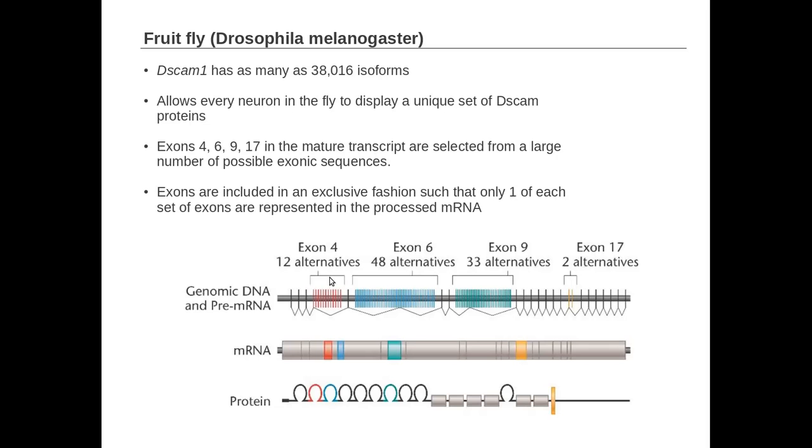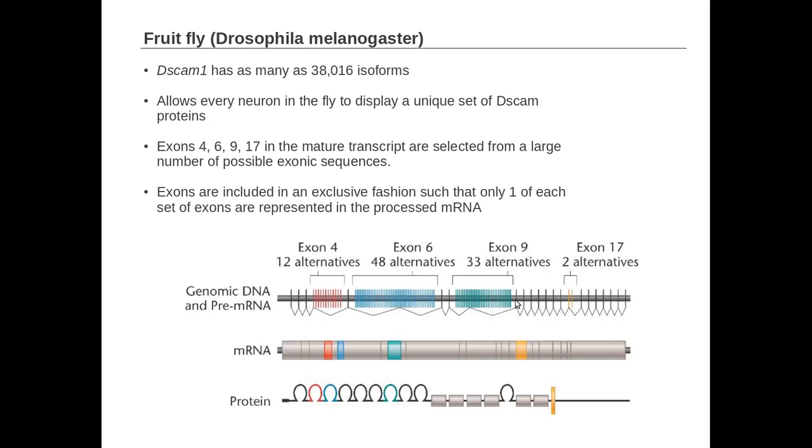Essentially, there's these runs of potential exon 4s, exon 6s, exon 9s, and exon 17s in this particular gene. And what in each cell can happen is that there's a choice made between which of these small red exons here are actually represented as exon 4 in the mature mRNA.